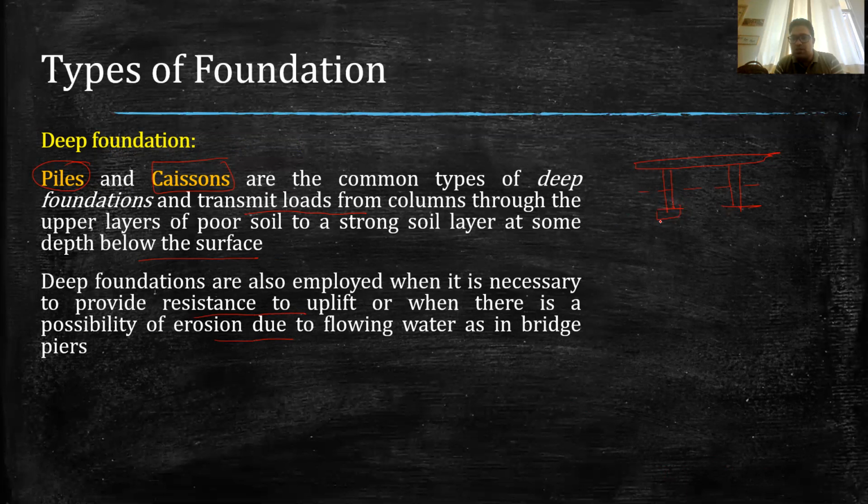Therefore, to avoid that erosion, we provide the deep foundation with the help of piles. If this is the hard strata of the soil, we rest the pile on the hard strata. In that case, you can see the depth of foundation becomes very large. Therefore, the foundation is called the deep foundation.